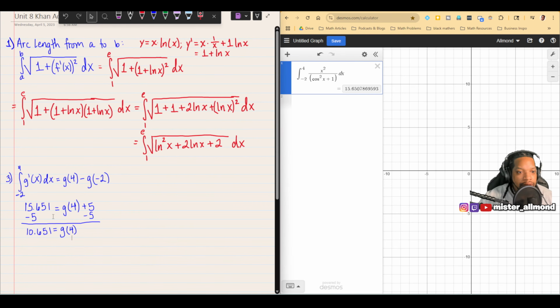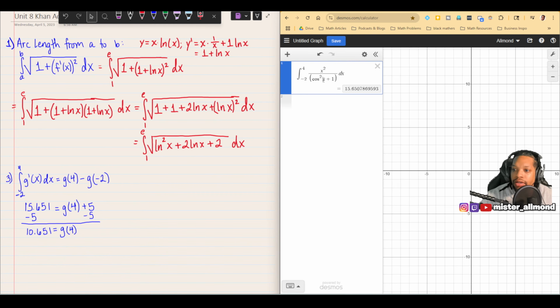Okay. Do we have to type in our answer? Oh yeah, we do have to type in our answer. Let me double check. All right, so we're integrating from -2 to 4, x squared over cosine squared of x plus 1. Okay. I'm going to be extra careful. Okay.